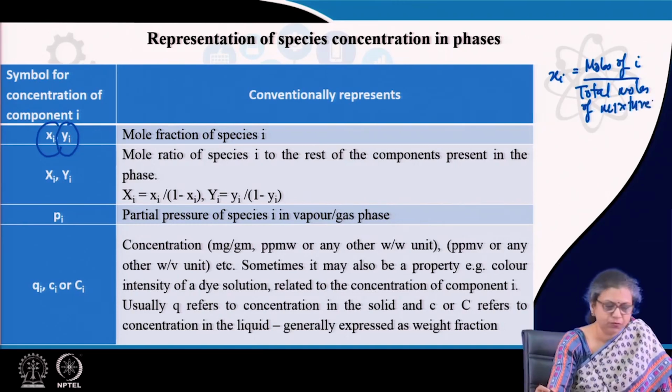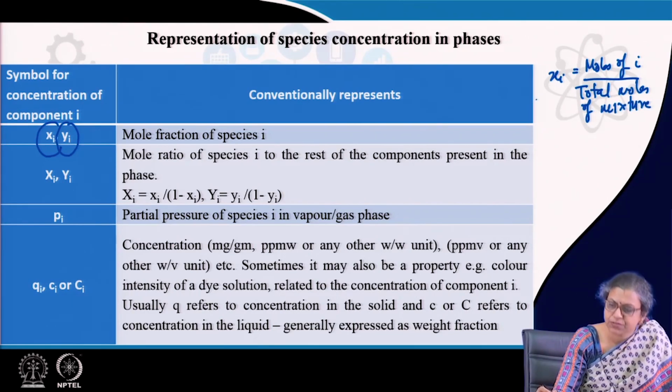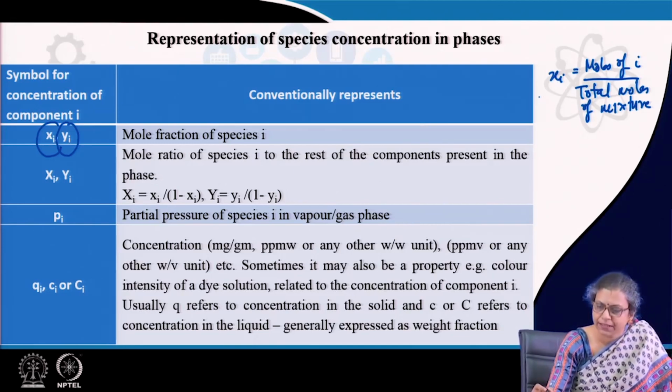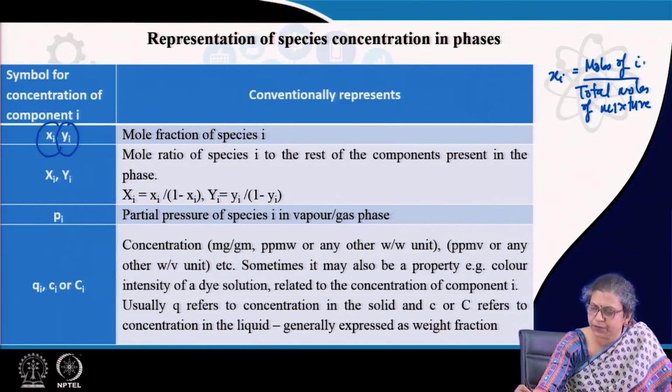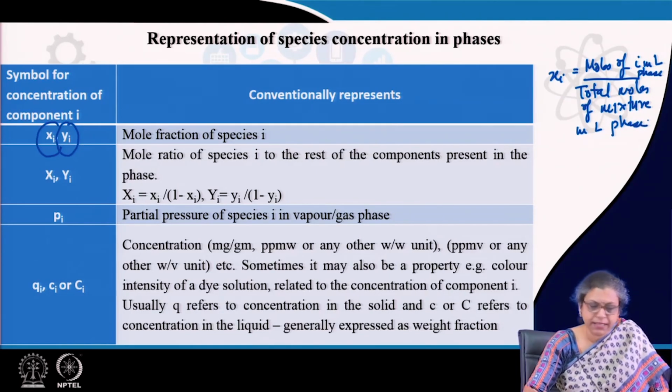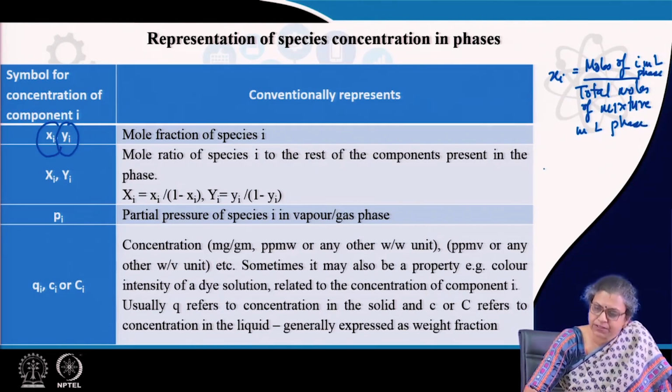So, if I assume that Xi refers to the composition in the liquid phase, then in that case it is moles of I in the liquid phase divided by total moles of mixture in the liquid phase. Likewise, Yi by convention generally refers to the mole fraction of component I in the vapor phase.